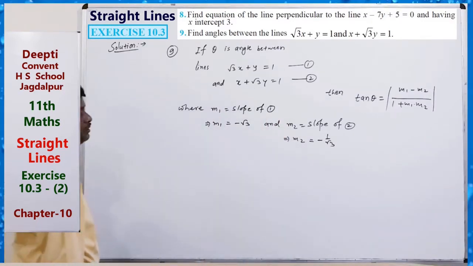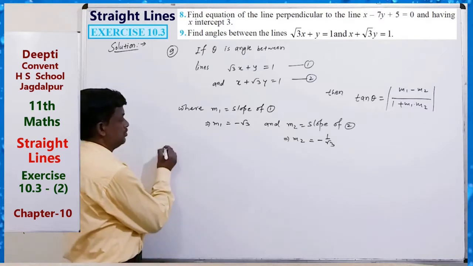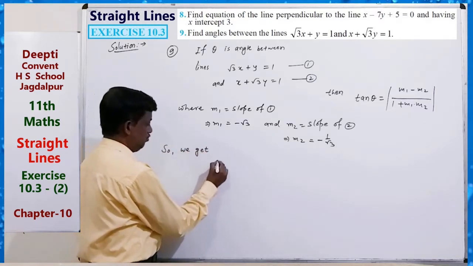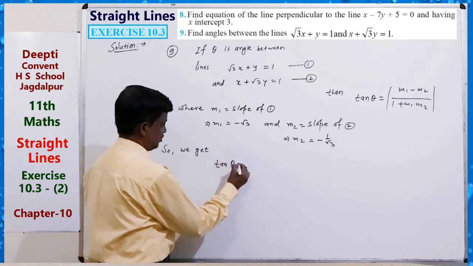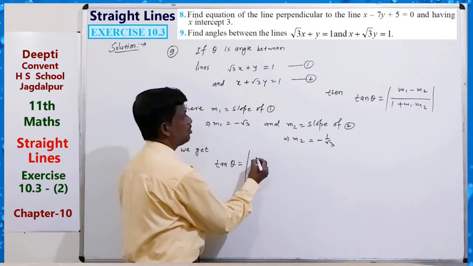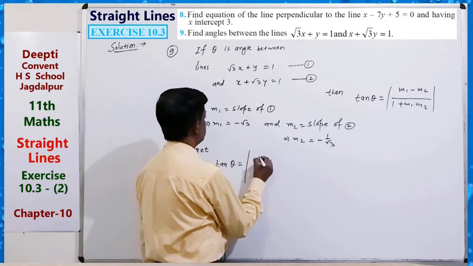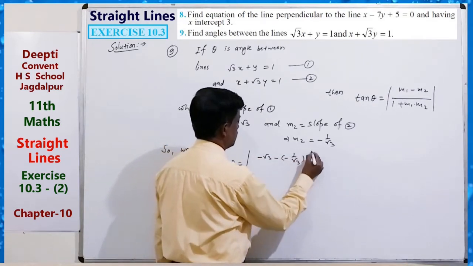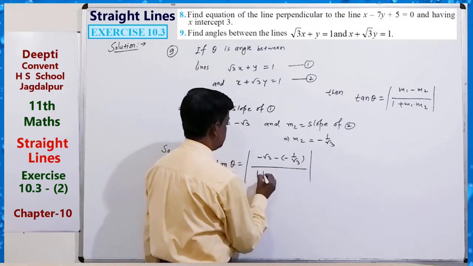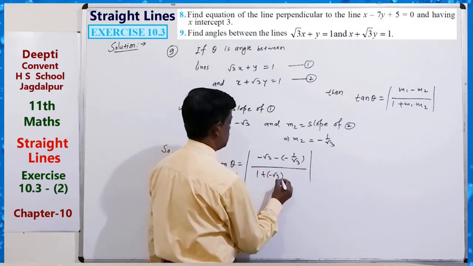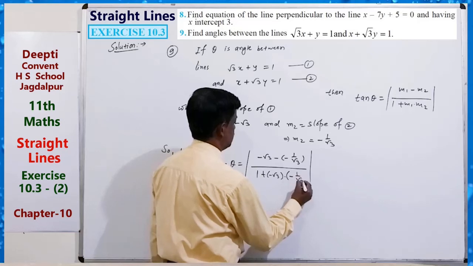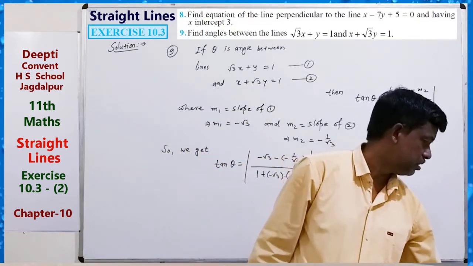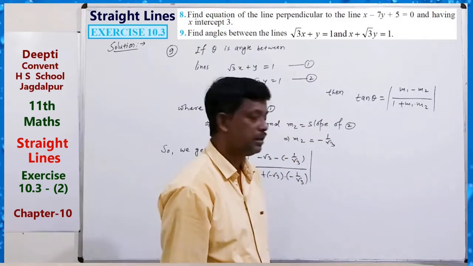Okay. So we get tan theta equals modulus of m1 minus m2, means minus root 3 minus minus 1 by root 3, upon 1 plus minus root 3 into minus 1 by root 3. Okay, so this is our formula. Just use the formula only, nothing more. Clear?